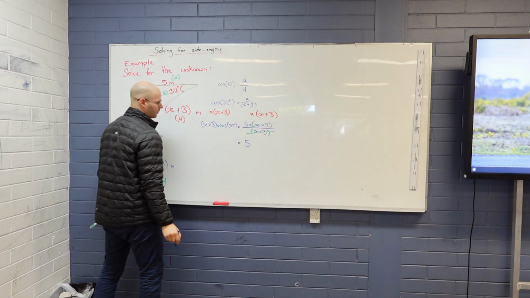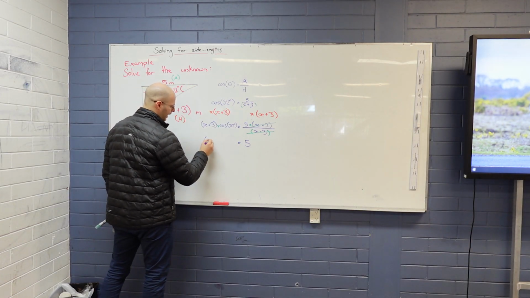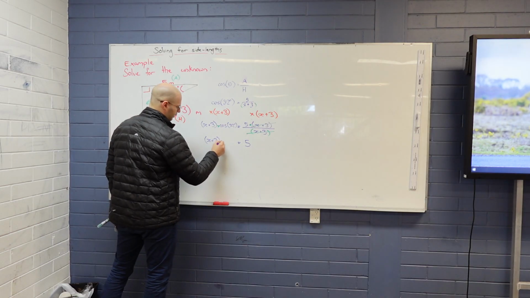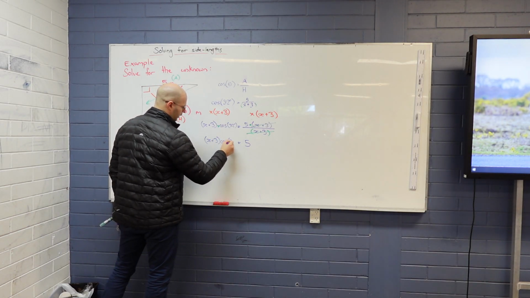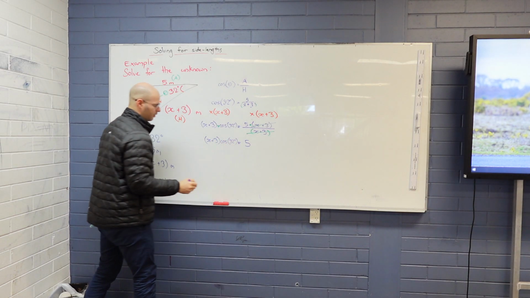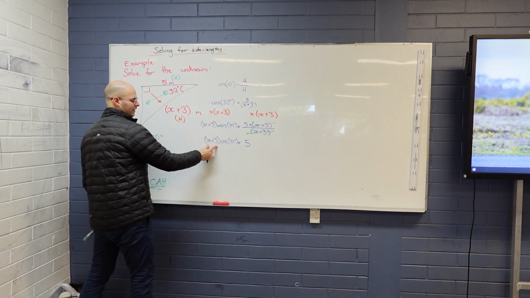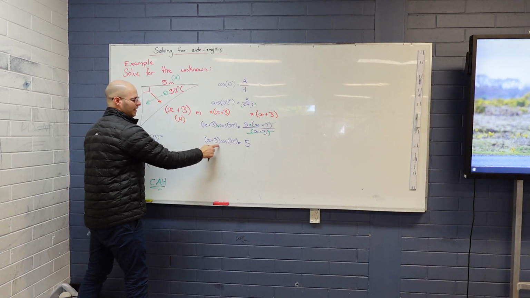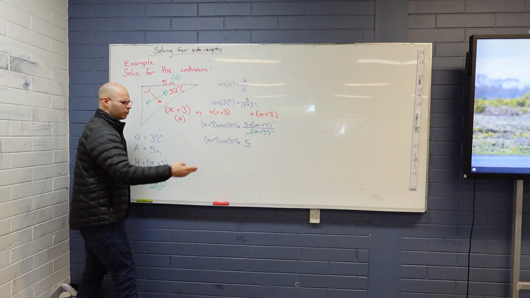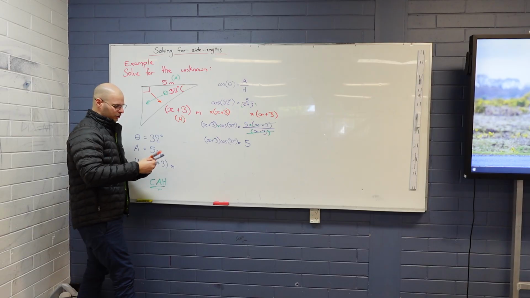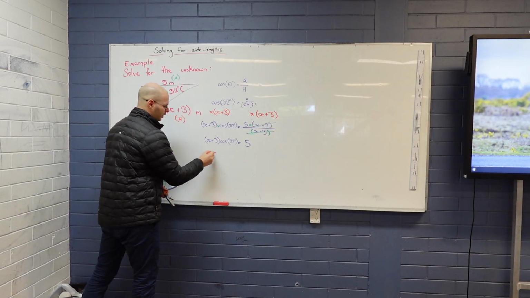So we just have 5 on the right, and then we have x plus 3 cos 32 degrees on the left. Now, we want to get access to the x plus 3. We can't get into these brackets yet until we get rid of the cos 32. So what we do is we divide by the cos 32.